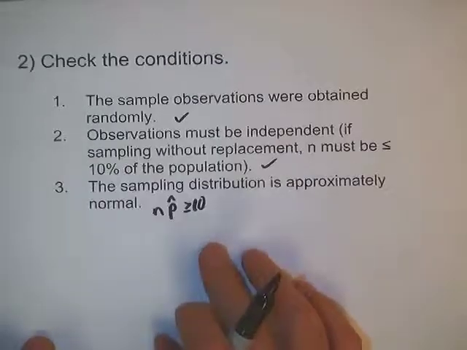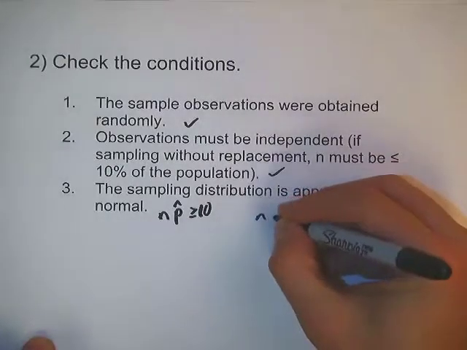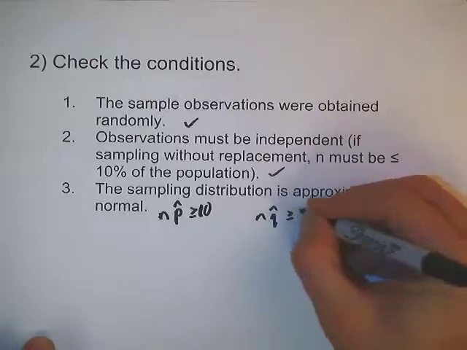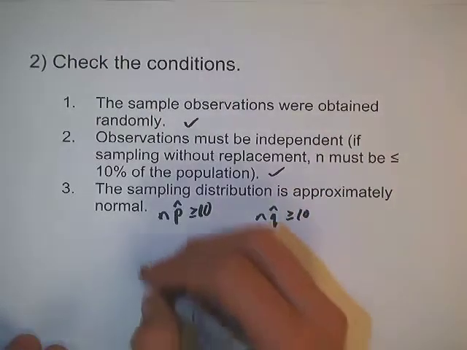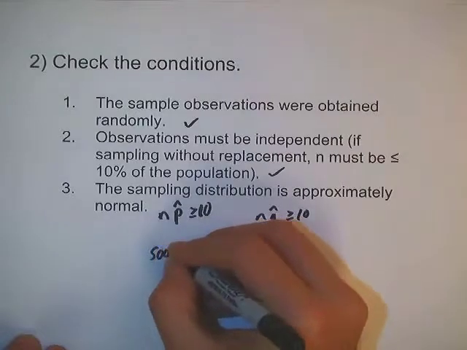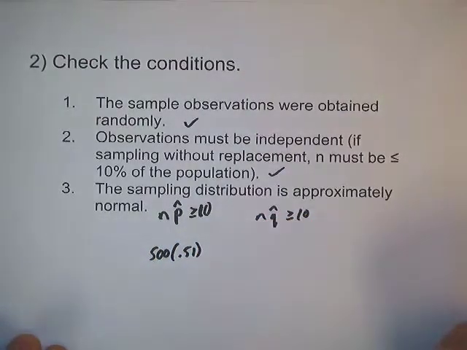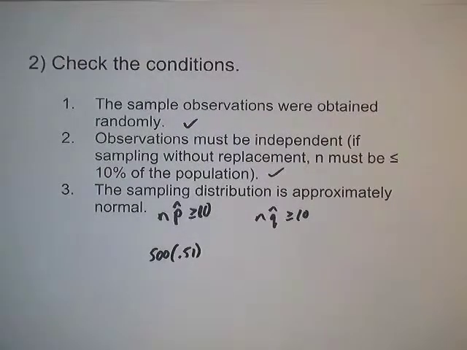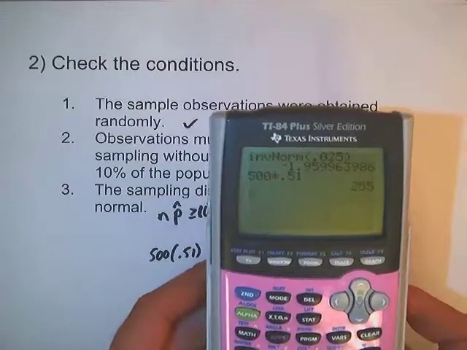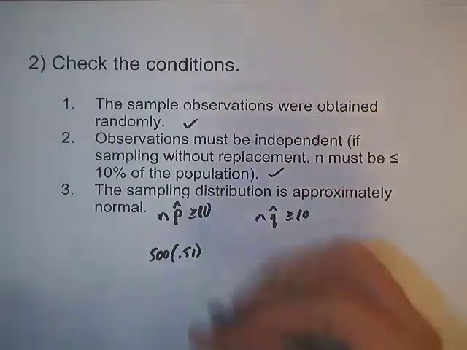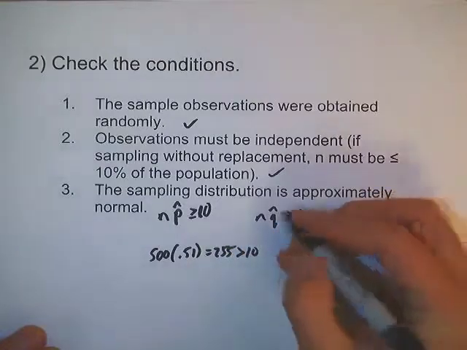So what I'm going to test is that n times p hat is greater than or equal to 10, and n times q hat is greater than or equal to 10, where q hat is just 1 minus p hat. n is 500. p hat in this case was 0.51. If I multiply those in the calculator, I end up with about 255. 255 is certainly greater than 10.